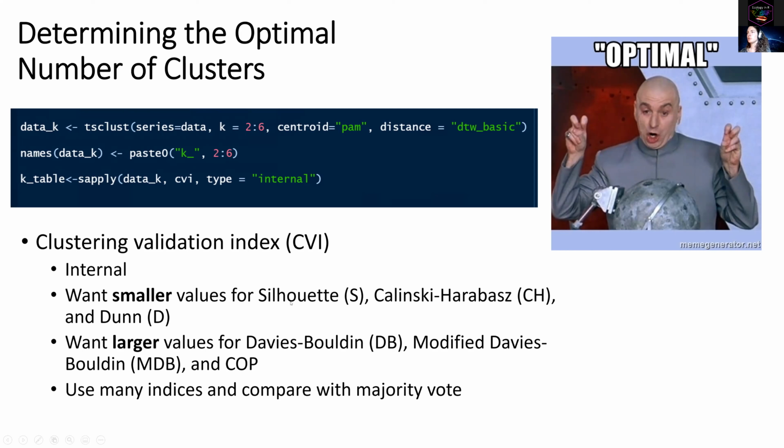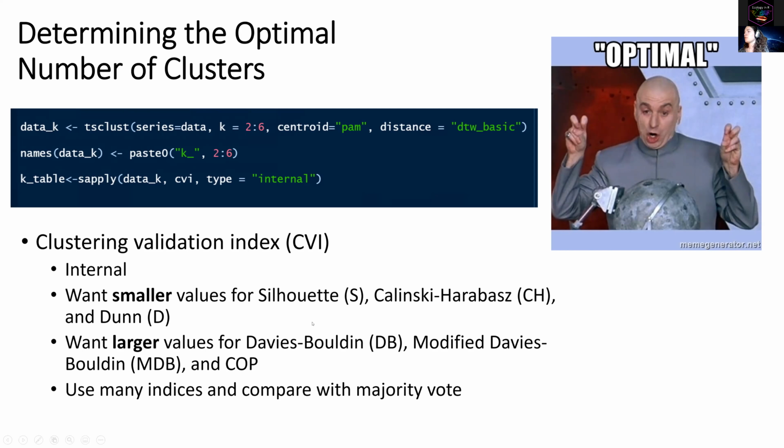There are multiple different indices that are a part of this, and the documentation for this particular package recommended that you could use many of these indices and then compare them with a majority vote based on what they're saying. So kind of similar, if you guys are familiar with AIC and things like that, this is kind of a similar concept to that.